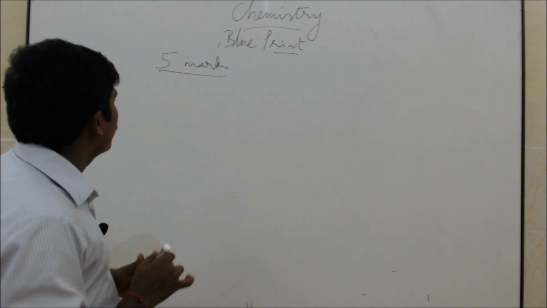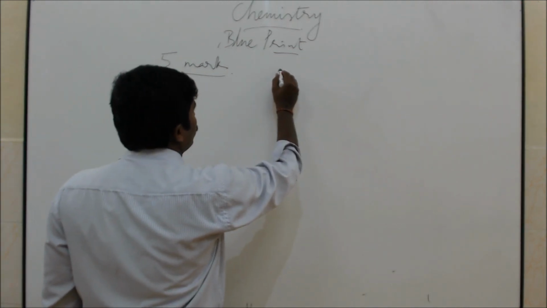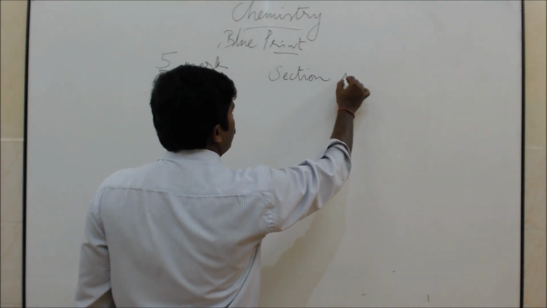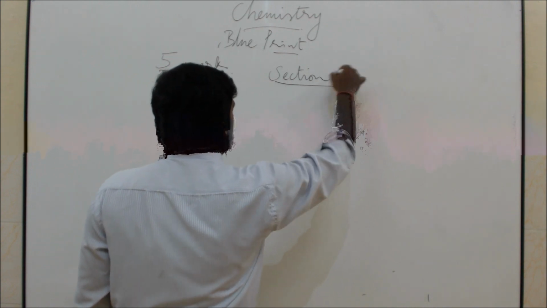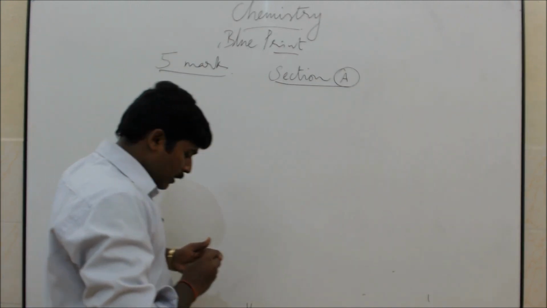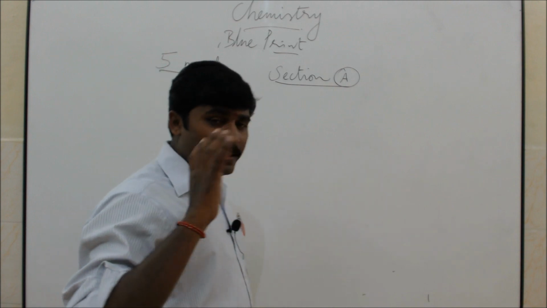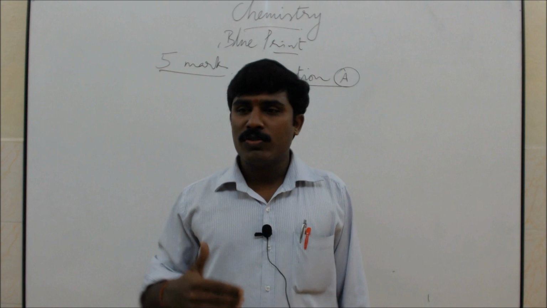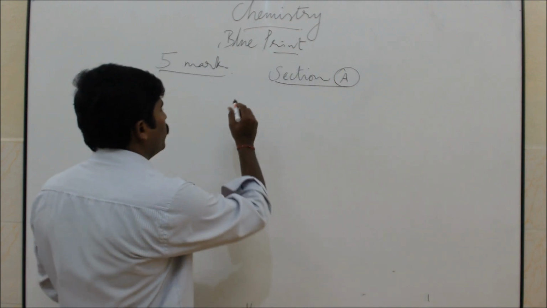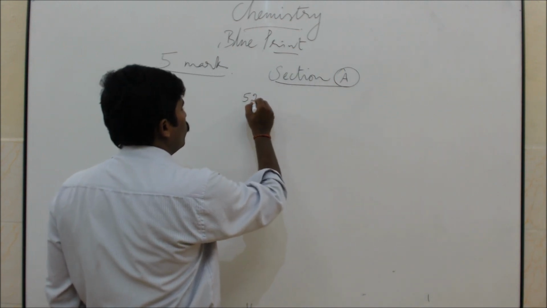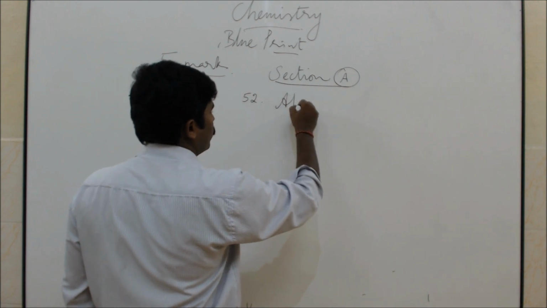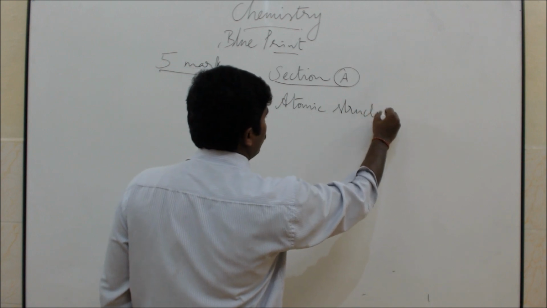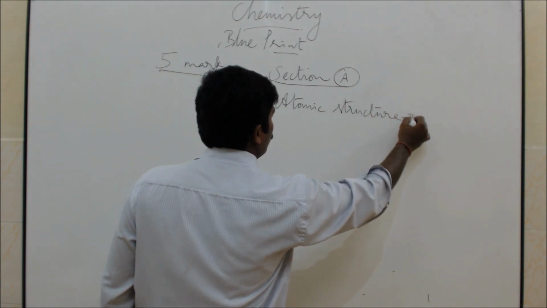The first is Section A. Question number 52, because the first 30 questions are 1-mark questions, then 31 to 51 are 3-mark questions. Question number 52 is from atomic structure 2.